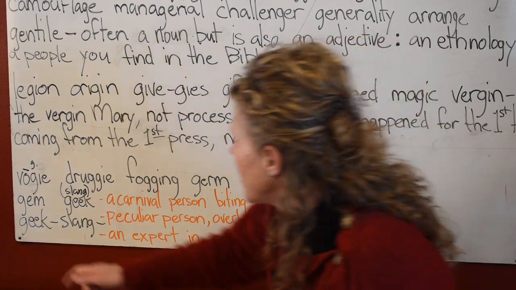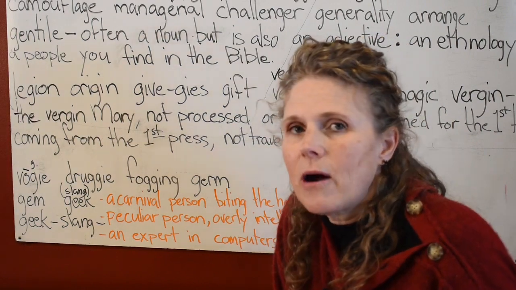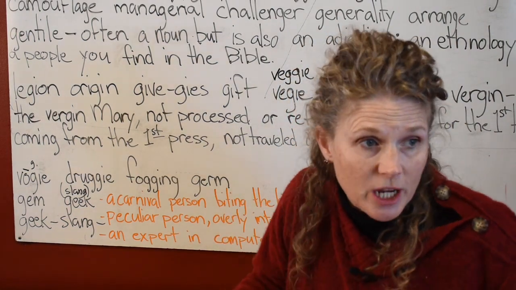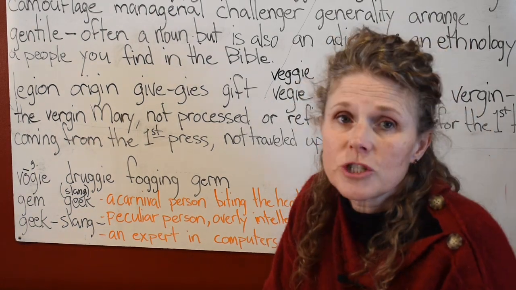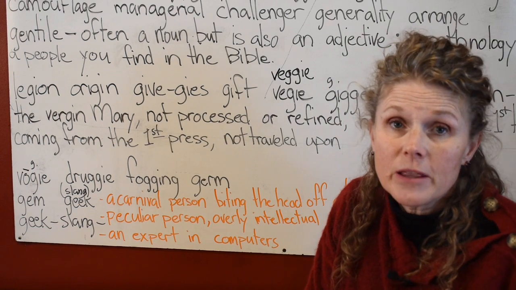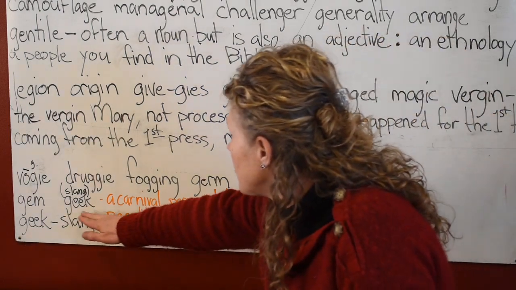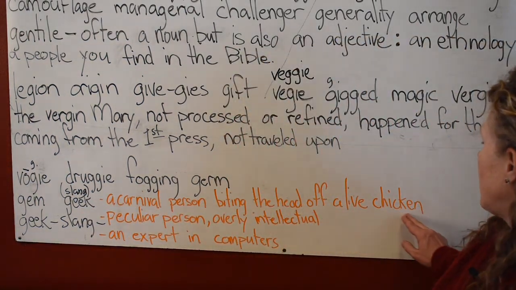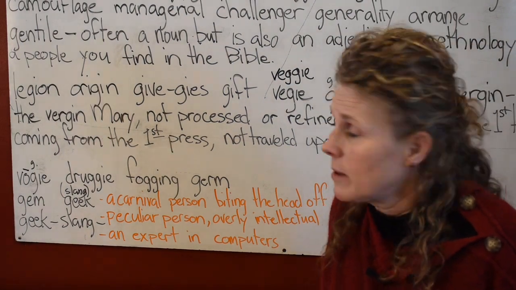So geek, it's slang. And I really wanted to point out in this dictionary word how our language changes as our cultures change. In the early 1900s, geek actually meant a carnival person biting the head off of a live chicken. So you don't see that anymore.